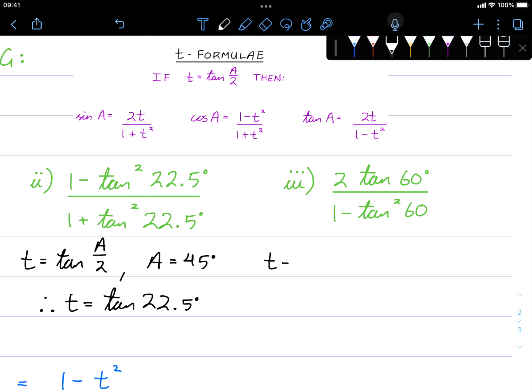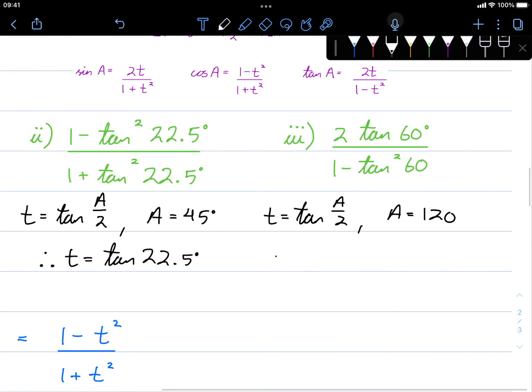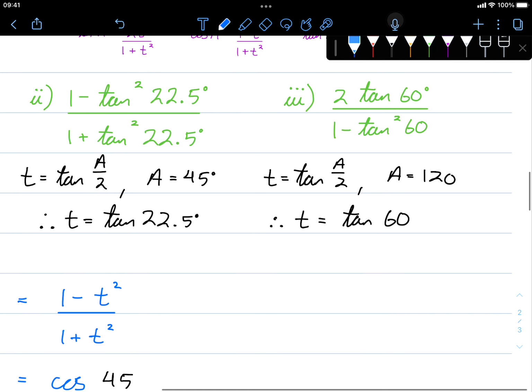So let t equal tan a over 2, and hopefully you can see a is going to be 120. So therefore we can say t is equal to tan 60, because 120 over 2 is 60.